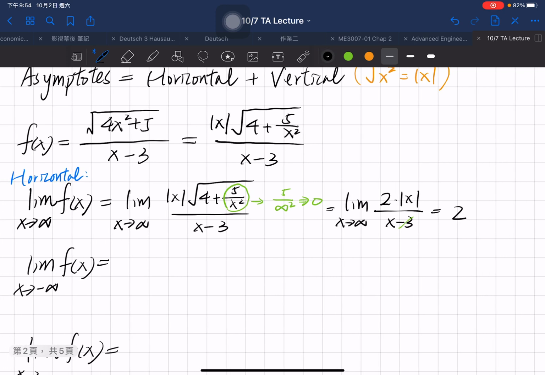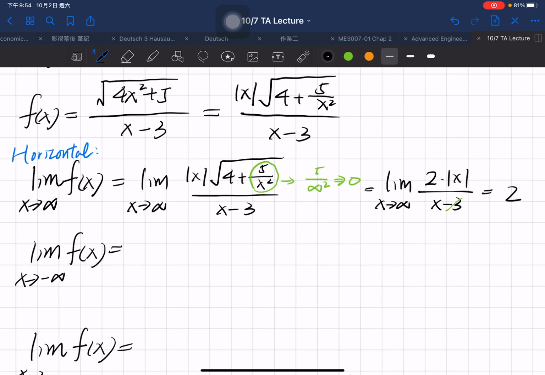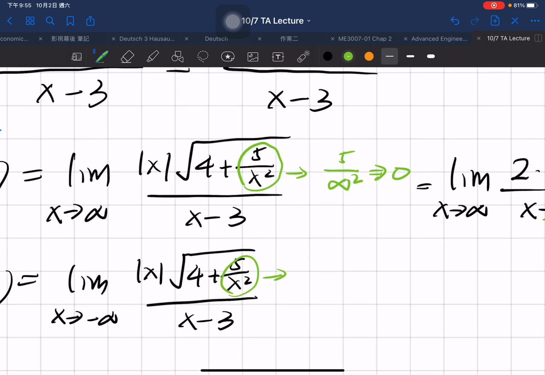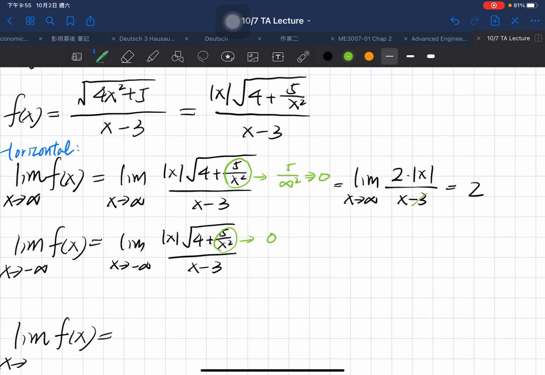Okay, and second, we want to know when our x approaches minus infinity. So we take our x to minus infinity the same way. And similarly, this one can also approach 0, right?